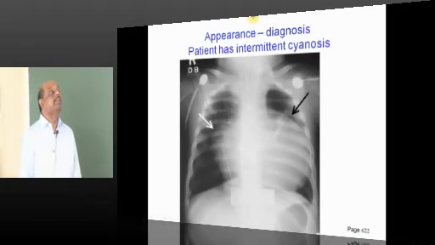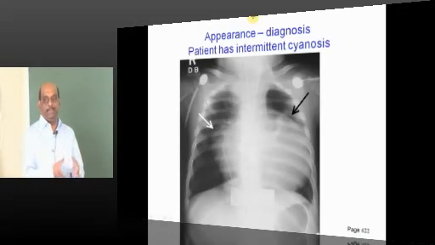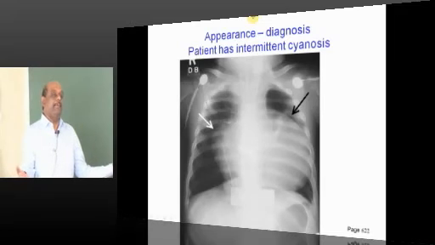Any other answer? Egg in cup. Where is the cup? Only the egg is seen. What is the shape you are seeing? Heart. Box shaped. Where do you find that? Epstein's. Please give one big clap to Abdul.